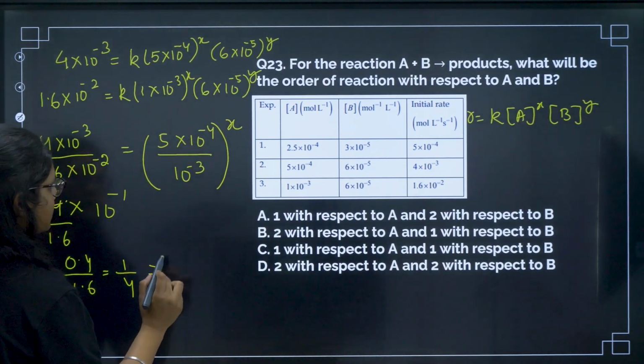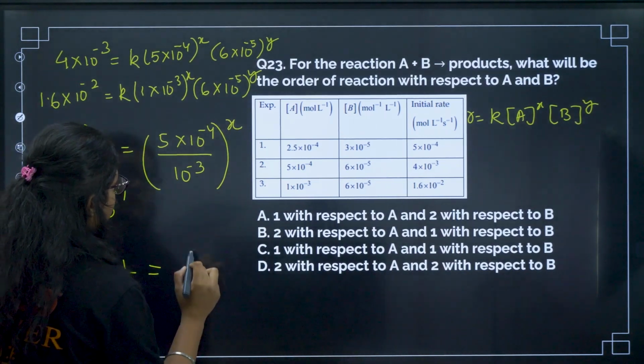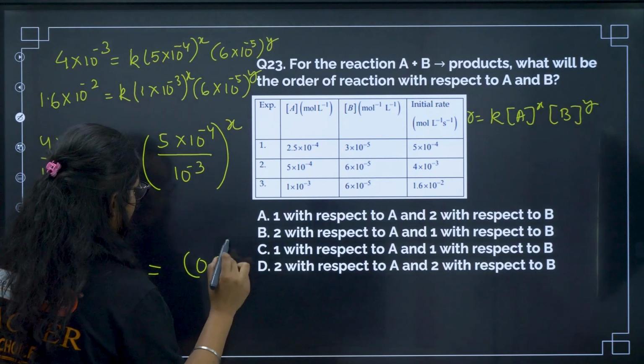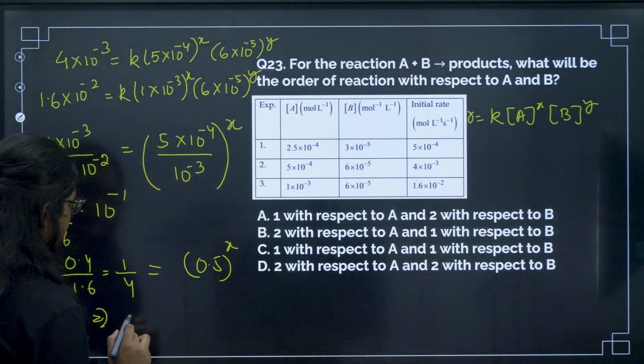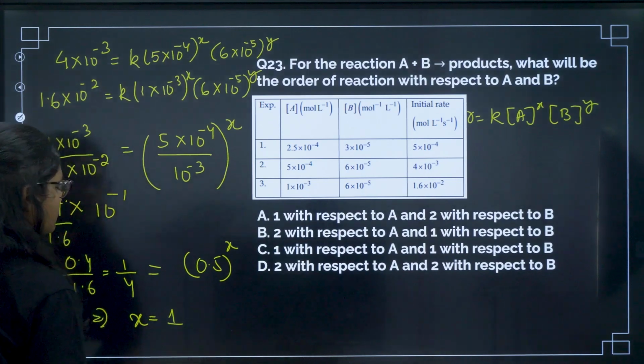This side is 1 by 4 is equal to 0.5 to the power of X.